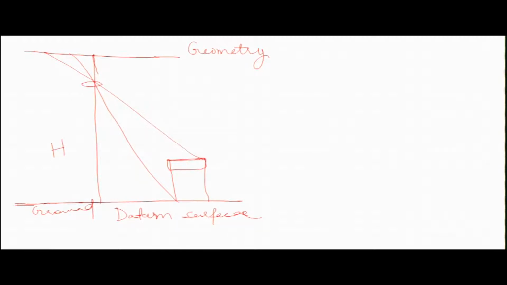So this point on ground is A, this point on ground is B. So here this point small a and this point small b. So these two, small a b represent capital A B, the location of these points. So this is your lens and this is of course your focal length from here to here.